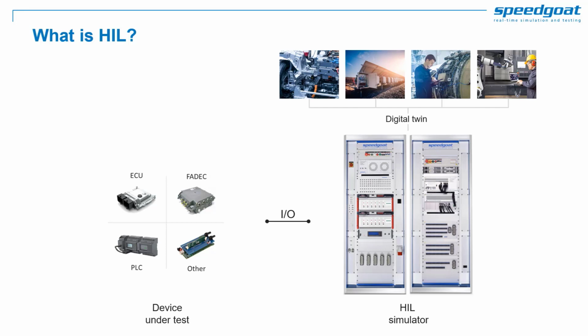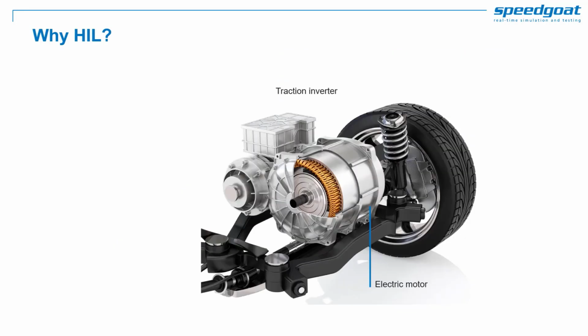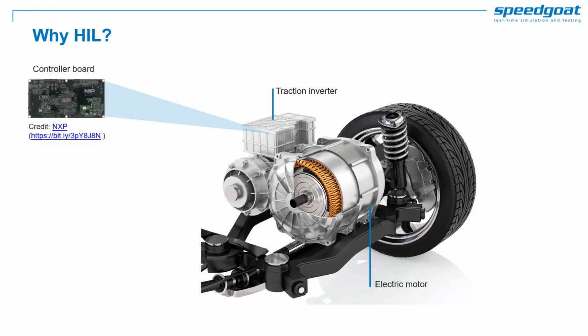But let's start with some of the reasons why you would want to do this. Let's say your team is responsible for testing the electric drive controller for a new electric car powertrain, and the first traction inverter controller boards have just been made available for testing.